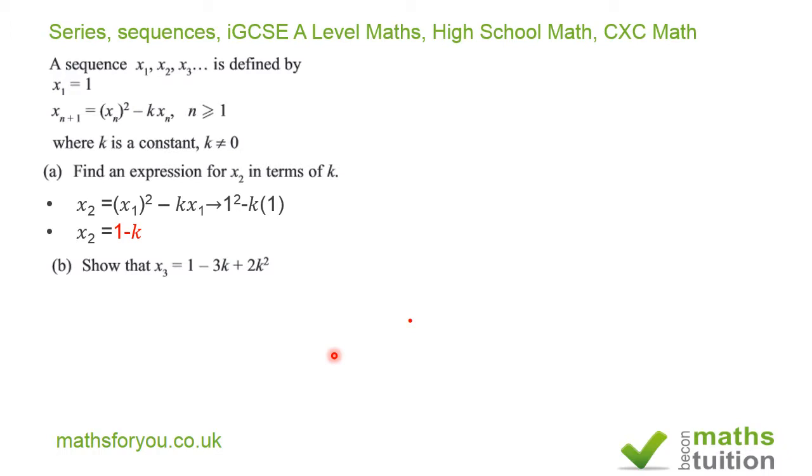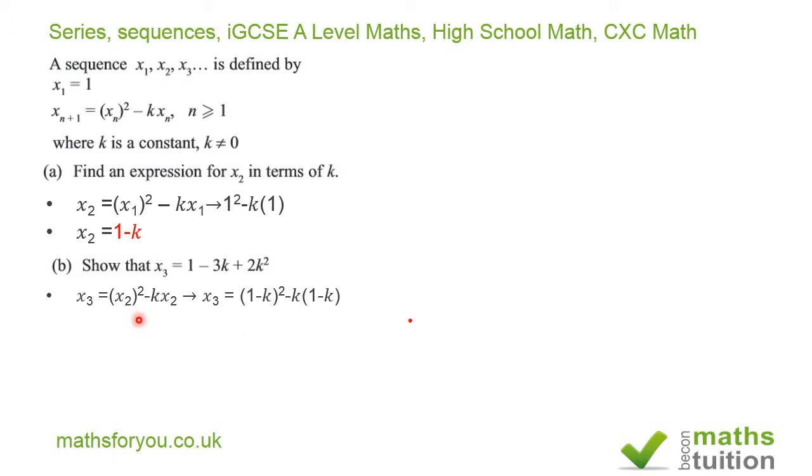And for b, show that x sub 3 is equal to 1 minus 3k plus 2k squared. Now x sub 3 will be x sub 2 all squared minus k times x sub 2.